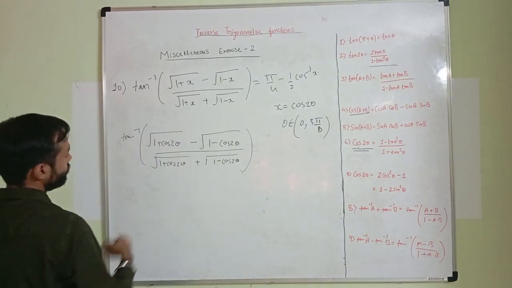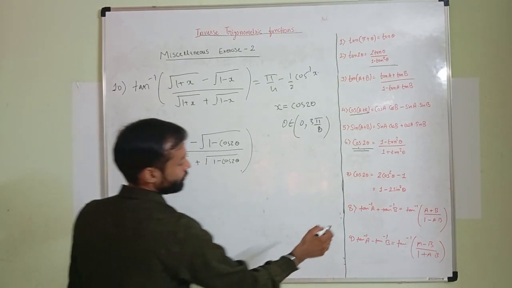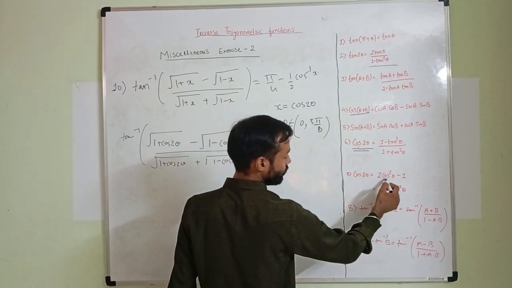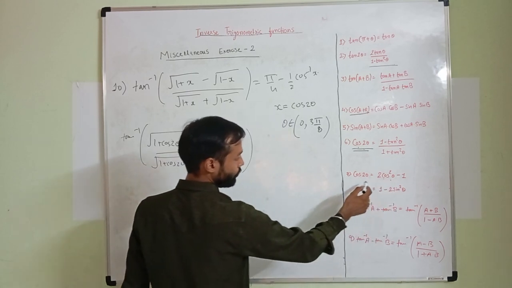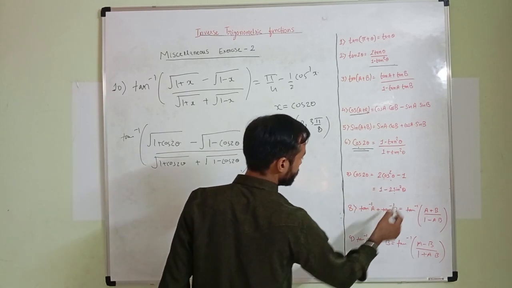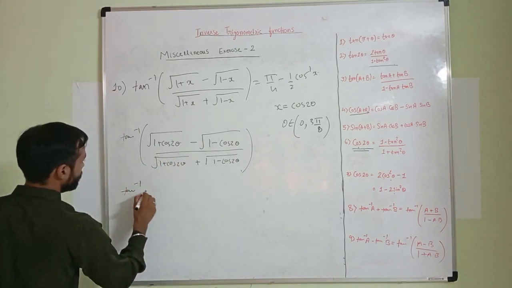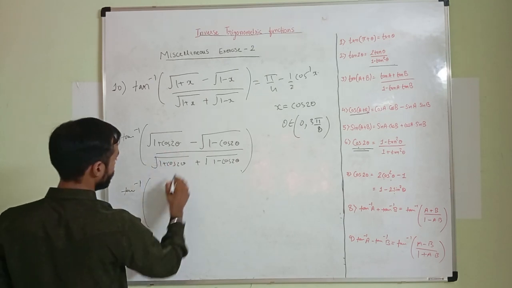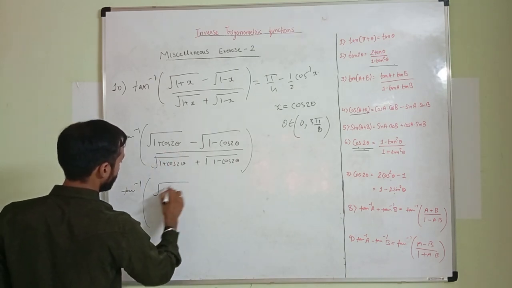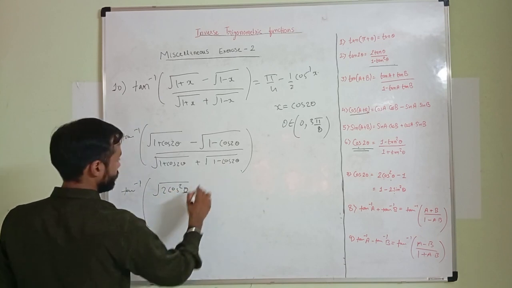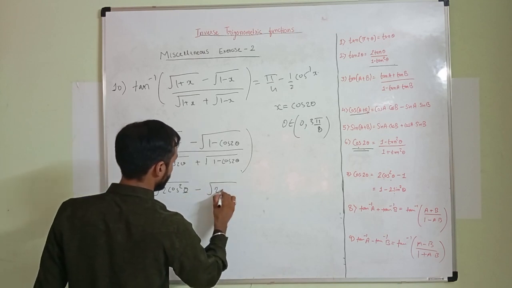In place of 1 plus cos 2 theta, we apply this identity: 1 plus cos 2 theta will be 2 cos square theta, and 1 minus cos 2 theta will be 2 sin square theta. So placing these values here, we get 2 cos square theta and 2 sin square theta.